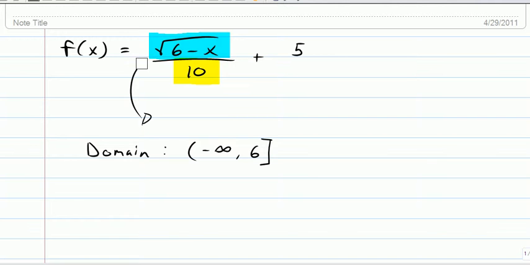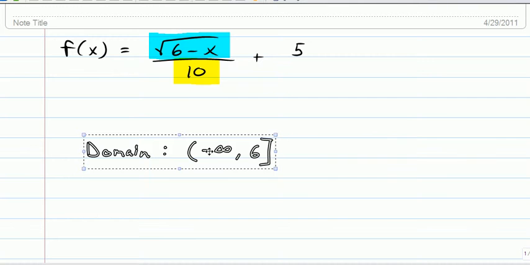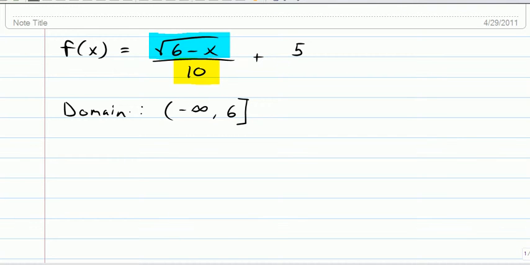Next thing we're going to look at is the range. Range is all about outputs. If you physically took every number in the domain, every number in this interval, and plugged it into f of x, you would get different outputs. So we'll do a few of them.